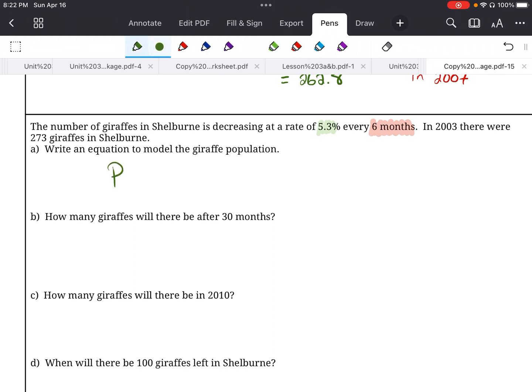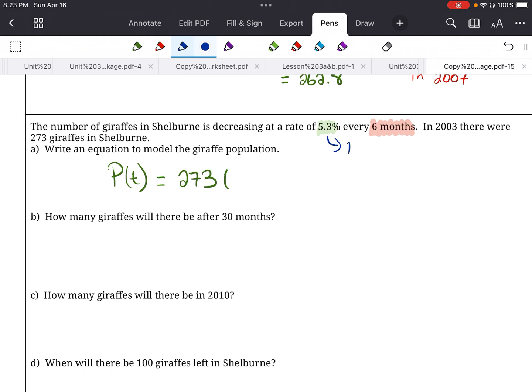Okay, so we're going to use P for population and, actually, let's change that to T for time. And we get, so our initial population of giraffes when the study started. Now we have a decrease rate here.